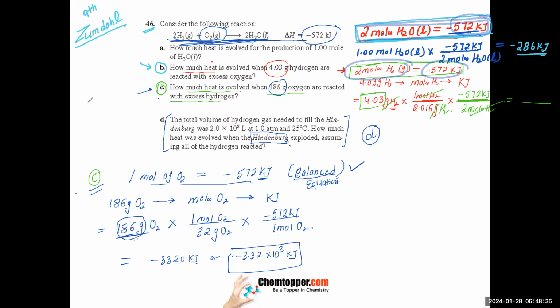In this Hindenburg, they were using hydrogen gas as a fuel. And hydrogen gas is very explosive. I don't know why they were using that, but it's a very light, highly flammable gas. That's why they were using it. It gives a large amount of energy on combustion.